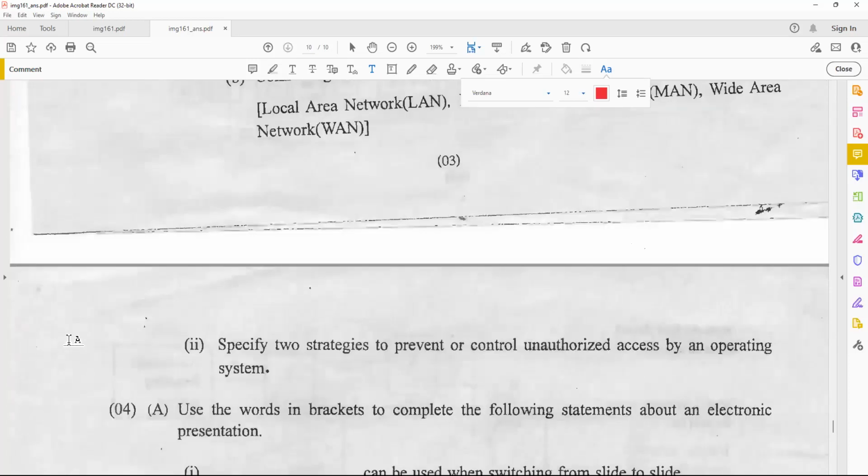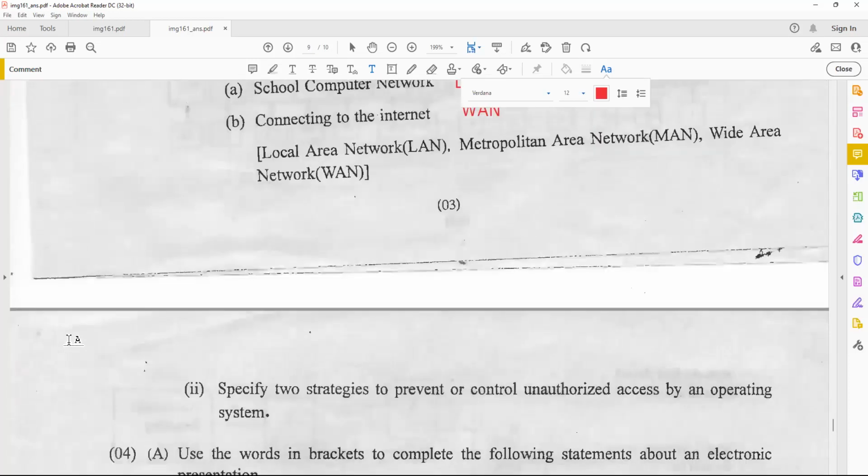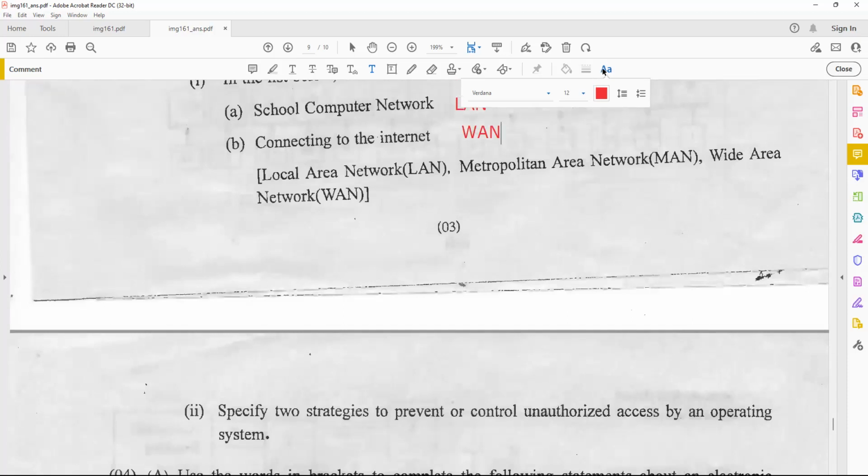Right. Okay. Then two, specify two strategies to prevent or control unauthorized access by the operating system. Password.